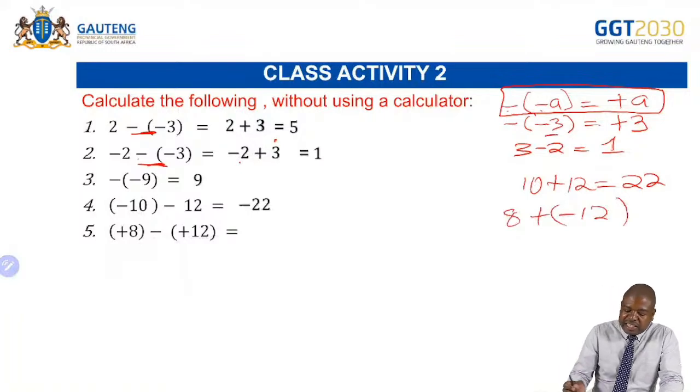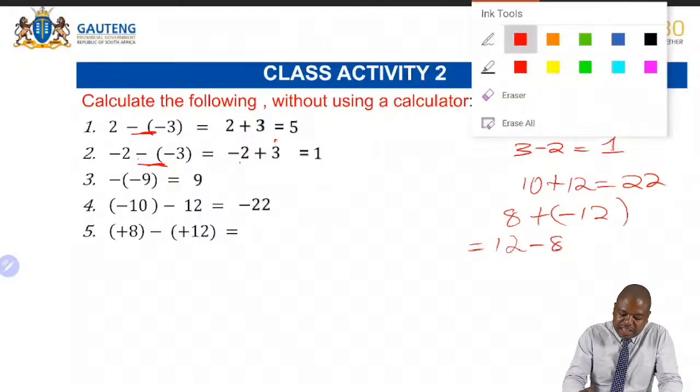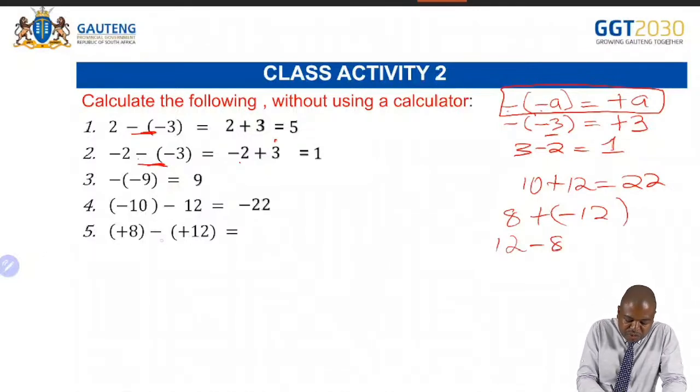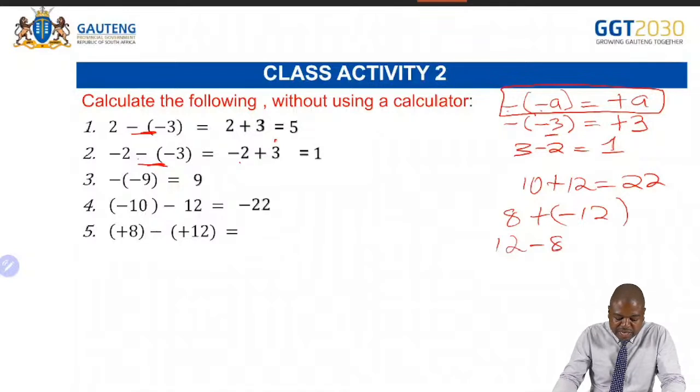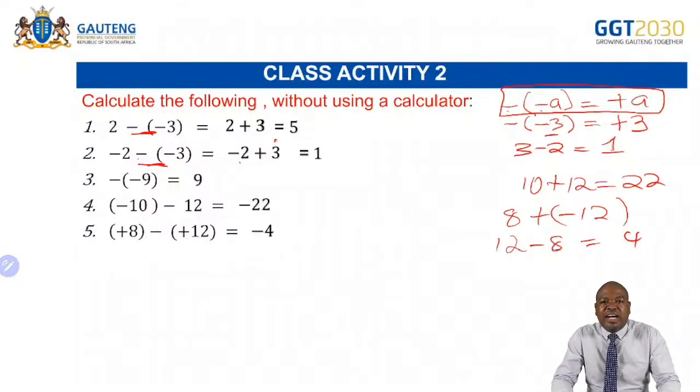We said we subtract the numbers, and then our answer will have the sign of the bigger number, or the number with a greater numerical value, right? So in this case, the number with the greater numerical value will be negative 12. So our answer is going to be negative, and we are going to get negative 4. That will be our answer.